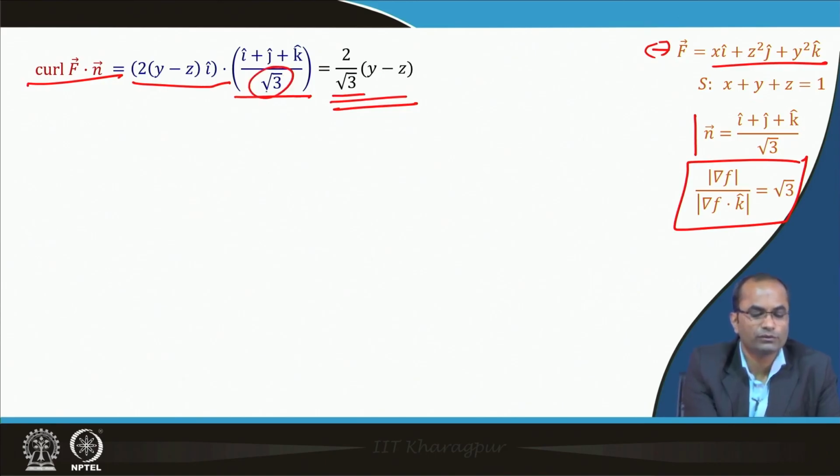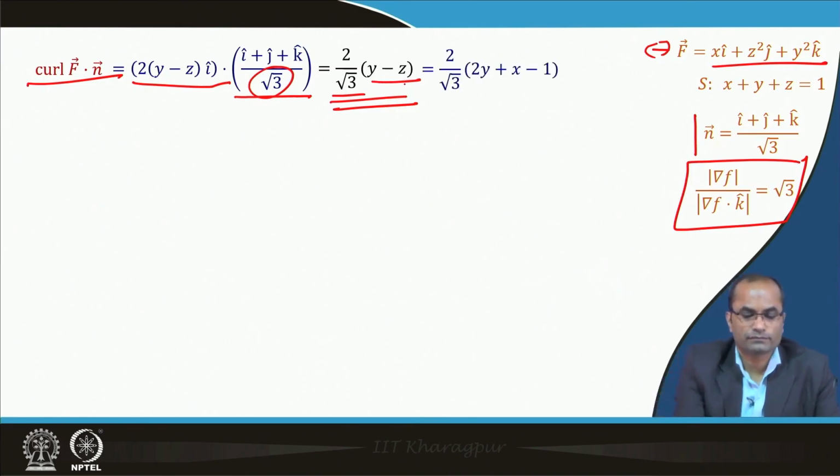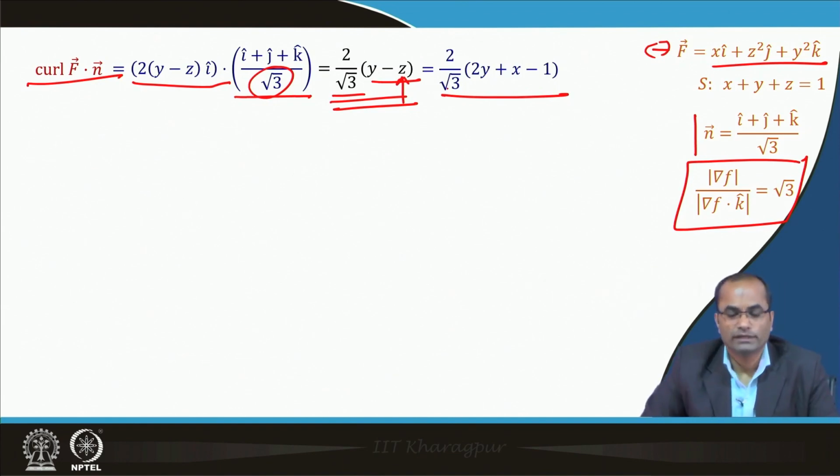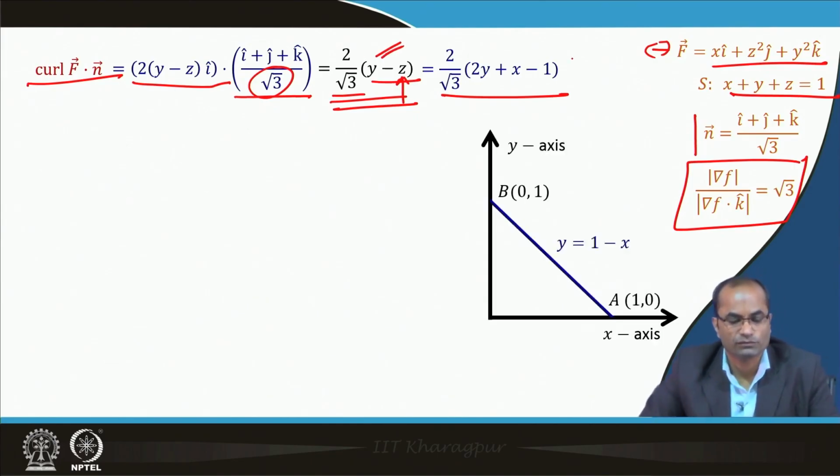So, 2 over square root 3 times y minus z. So, this is curl f dot n. We are replacing this z because we will be integrating over the xy plane. So, z we can replace from here as 1 minus x minus y. So, that will be 2y plus x minus 1.